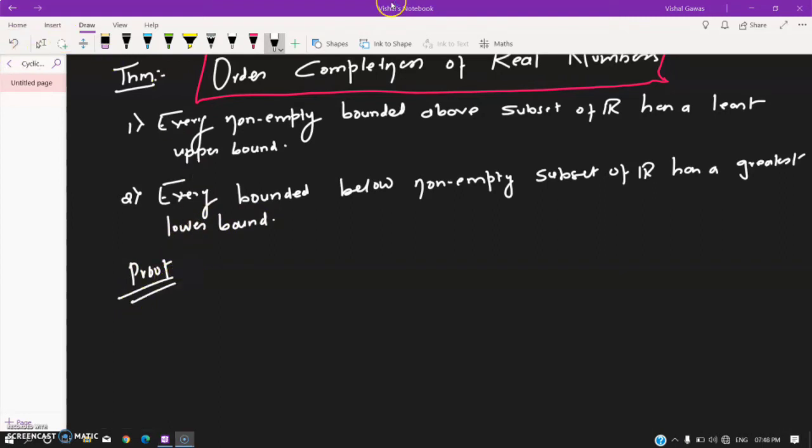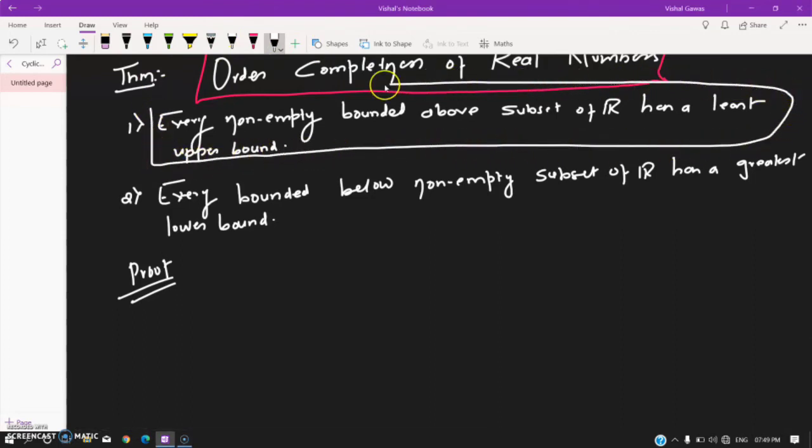Let's prove this. Whatever you see in the bracket is the property which we are dealing with.